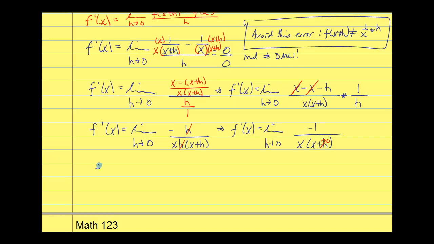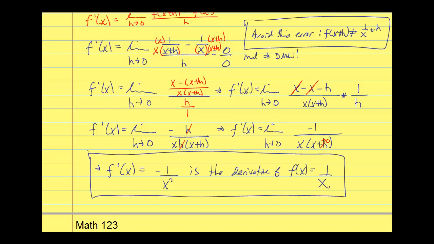So what I'm left with here then is that f prime of x equals, I don't want to drop my derivative notation, but now I can drop my limit notation because I've taken the limit. I'm left with a negative 1 in my numerator, and in my denominator I'm left with x times x, which is x squared. So f prime of x equals negative 1 over x squared is the derivative of f of x equals 1 over x.